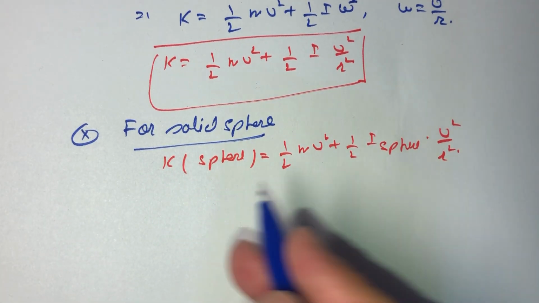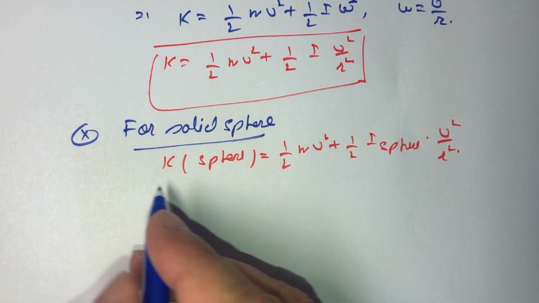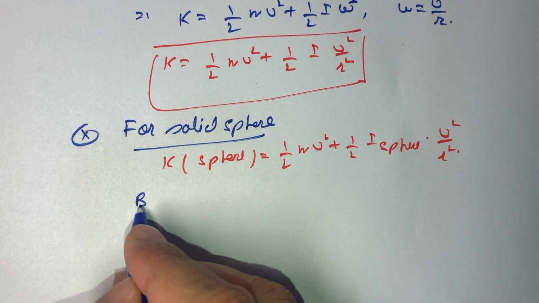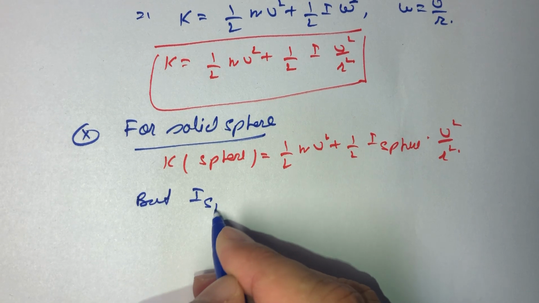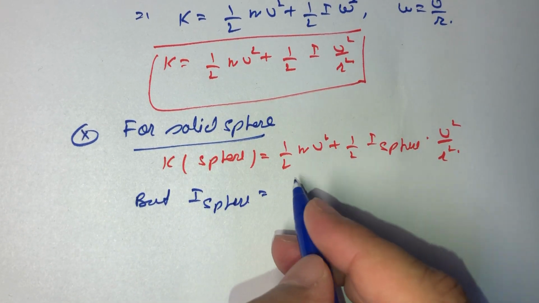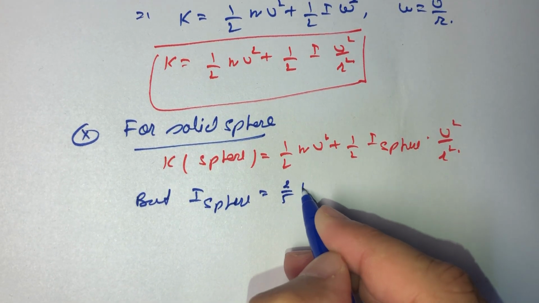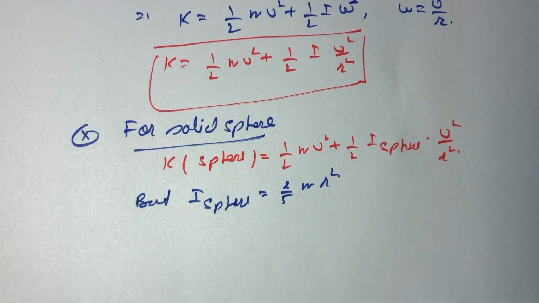Moment of inertia of a sphere with respect to the axis is 2 by 5 mr squared.